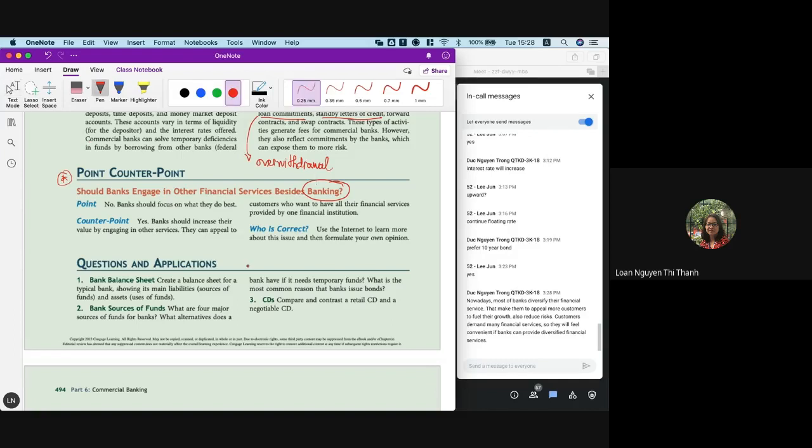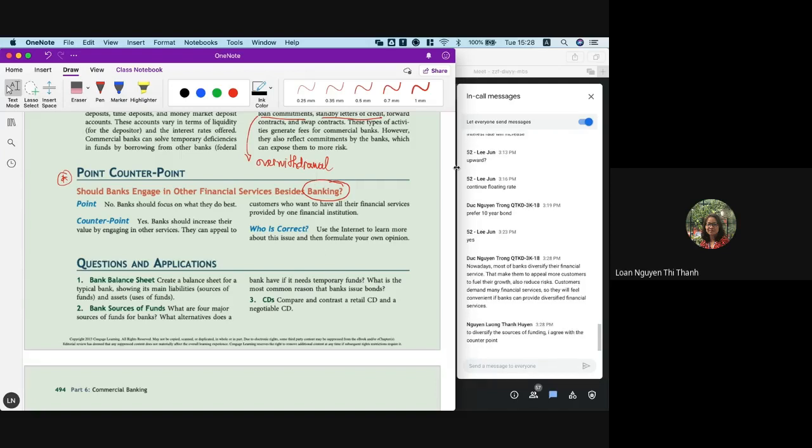Okay, receiving deposits and making loans. Think about the bank services in Vietnam right now. You go to a bank not only for saving money, or not only for having some loans, right? The bank now provides many diversified services.